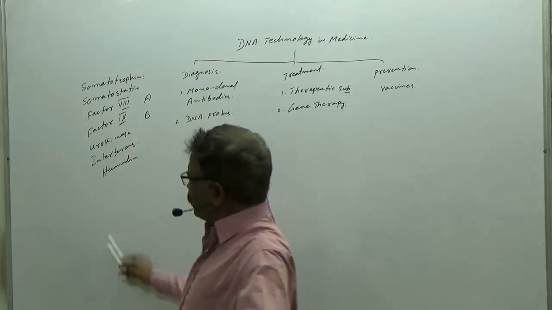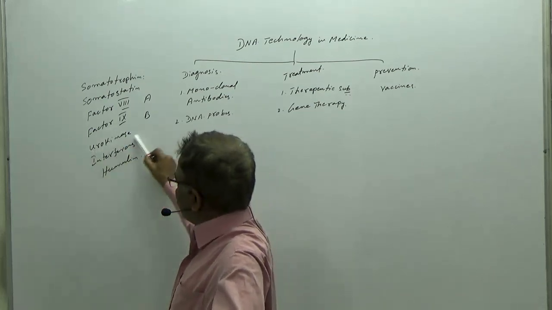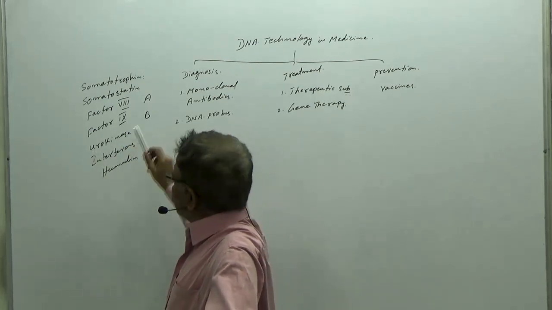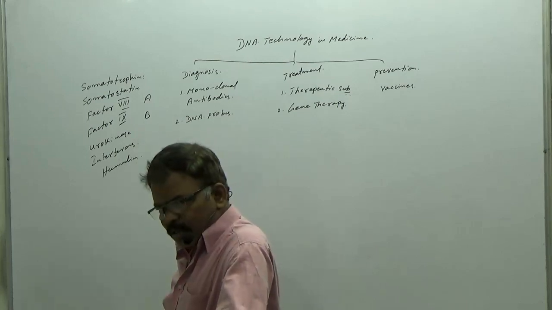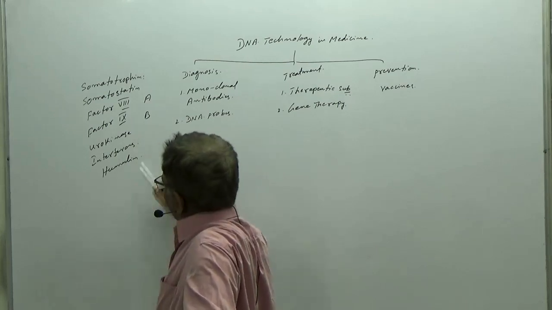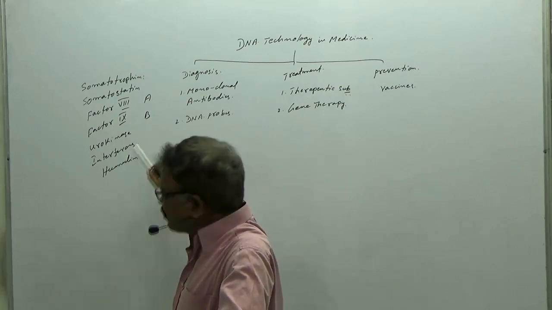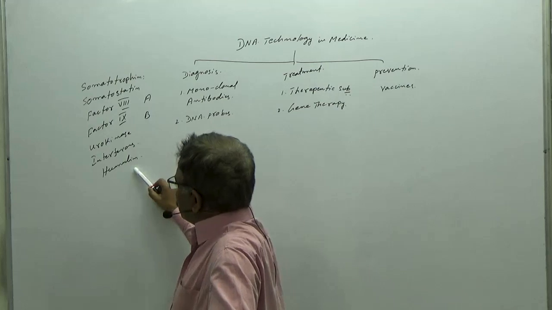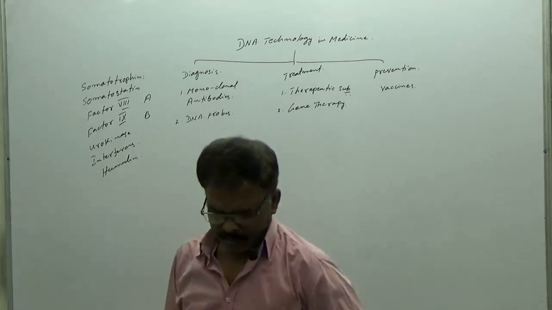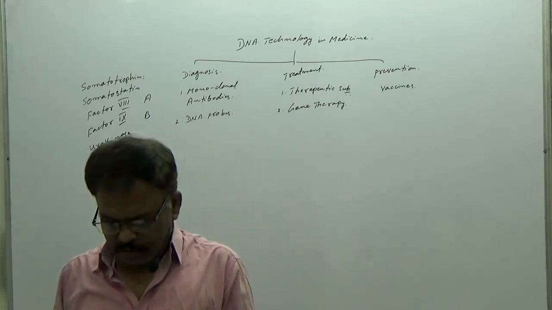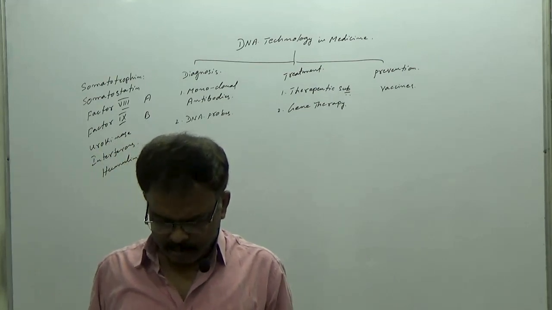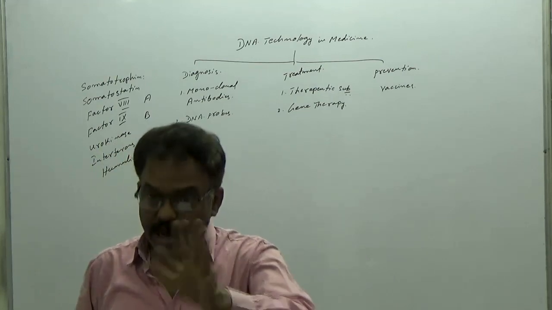Interferons are useful to cure cancers. Humulin is nothing but insulin, useful to treat diabetes.